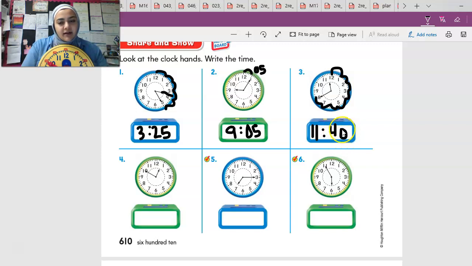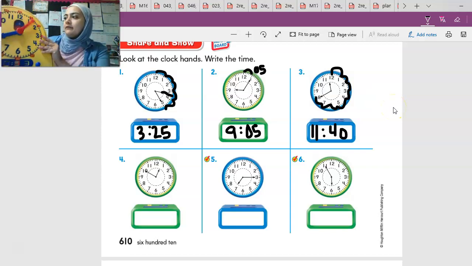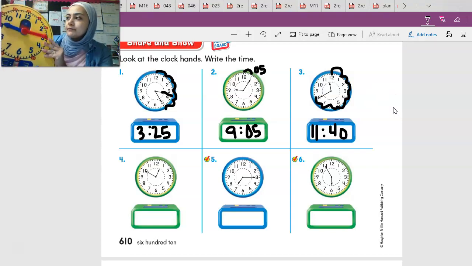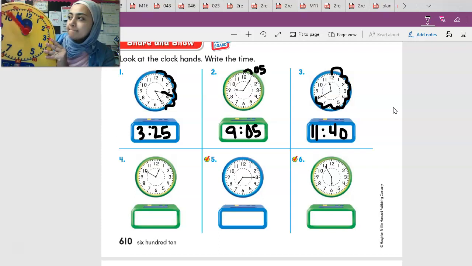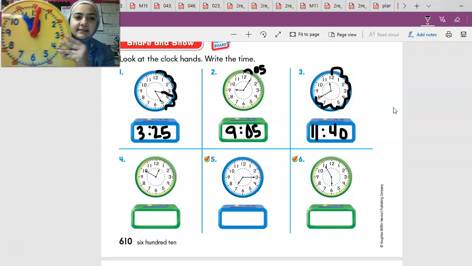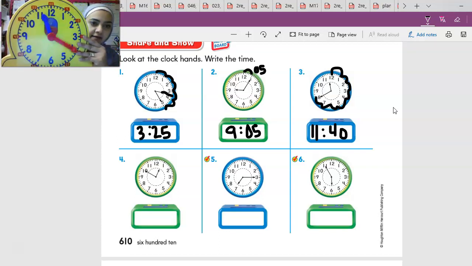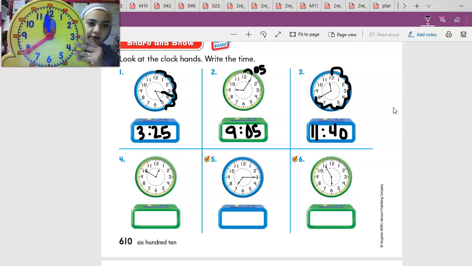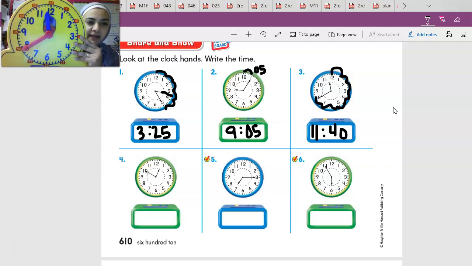But when this minute hand moves up, see how the hour hand moved up too? Because it's 60 more minutes, and now it's 12. So it's not 12:40, it's 11:40. It's not 12 o'clock yet. It's still the hour of 11. Now it's the hour of 12. Get it? Okay, with time you will, I promise.